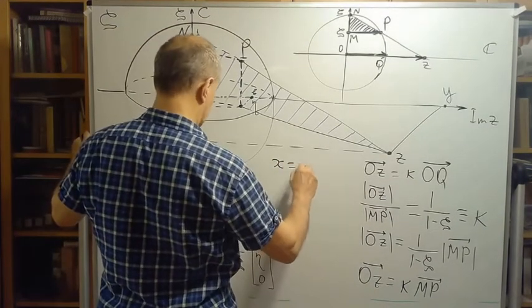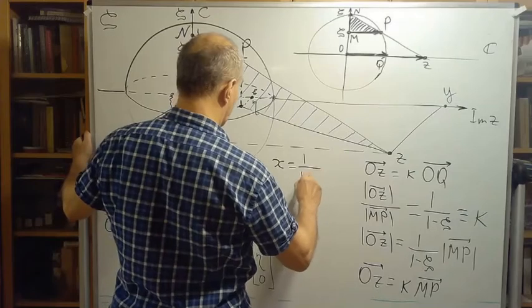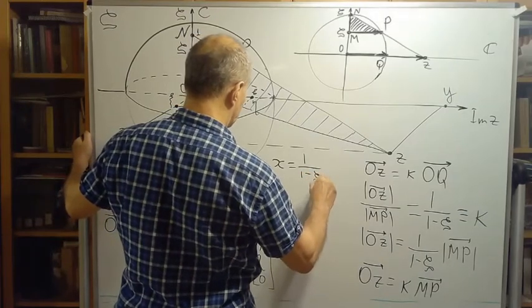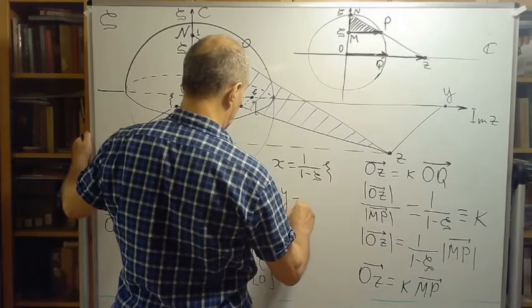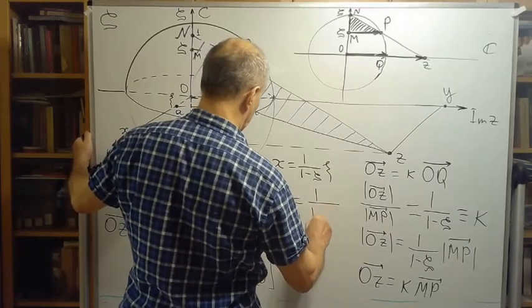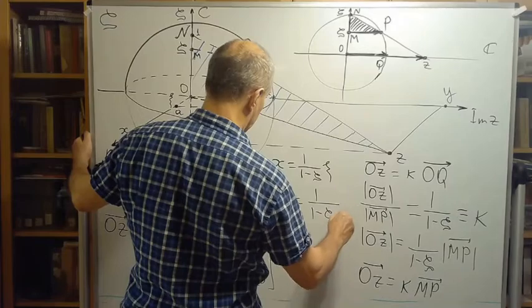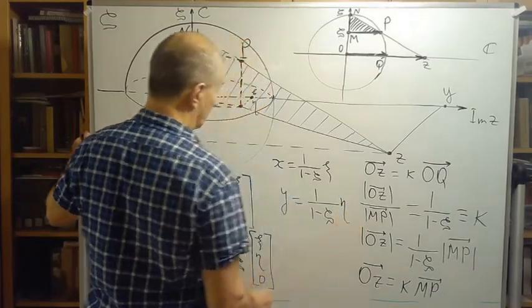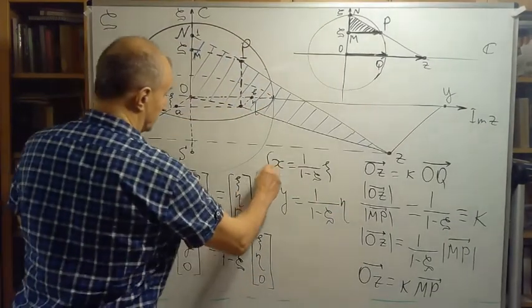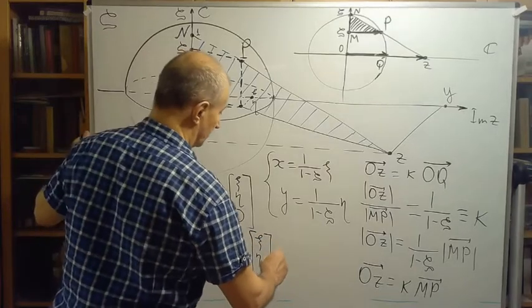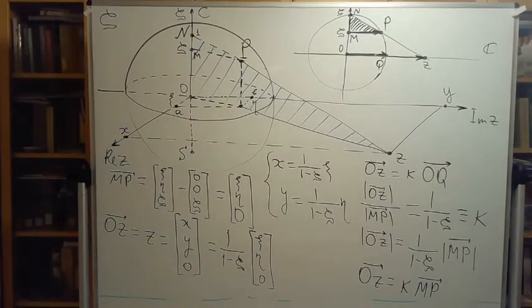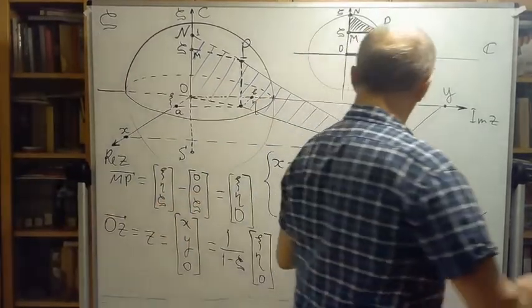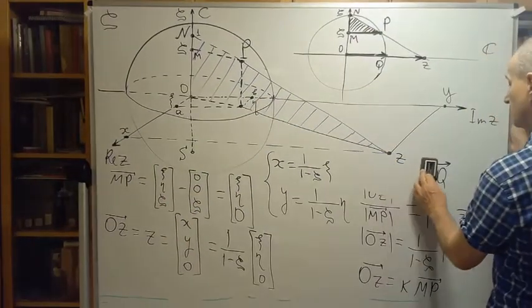X equals 1 over 1 minus zeta psi, y equals 1 over 1 minus zeta eta, or we can say for the number z, I will erase this part because we don't need this anymore.